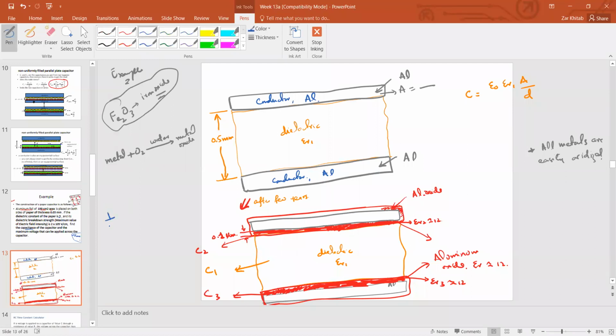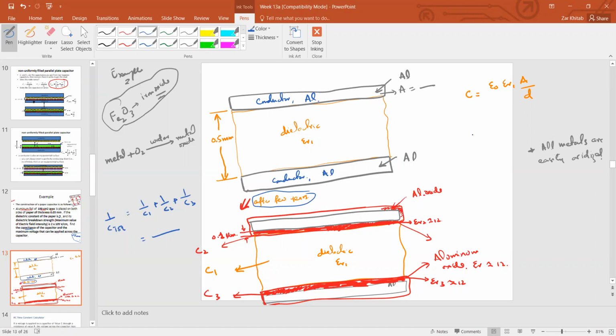Okay, so 1 over C total will be equal to 1 over C1 plus 1 over C2 plus 1 over C3. You can calculate that. That will be different than the original capacitance. So every capacitor is going to lose its capacitance over the years because of the oxidation of its metal plate. Okay? समझ आ रही है बात?